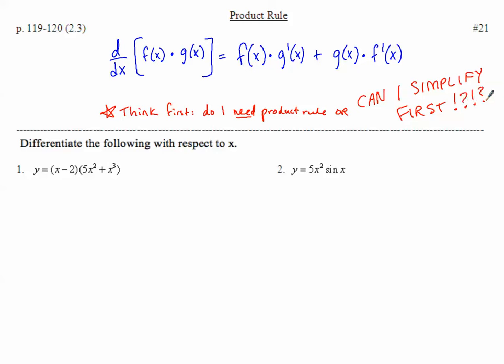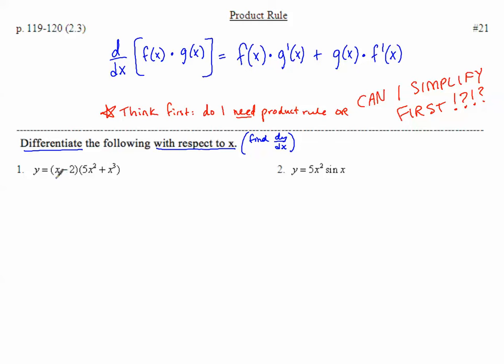Ask yourself that question. What do I mean by can I simplify first? Well, number one, I'm supposed to differentiate the following with respect to x. Basically that means find dy dx if the function's called y and it's with respect to x.